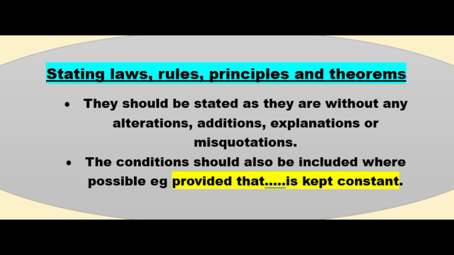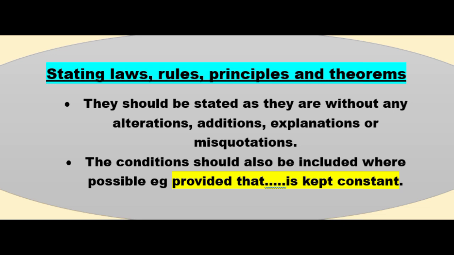So you realize that in that case, there is a condition there whereby we are saying elastic limit should not be exceeded. That means when you are stating such kind of a law, you must also state the condition attached, the condition under which that law applies, or that rule, or that principle, that theorem. Remember, each one has a meaning. There's a slight difference when it comes to laws, rules, principles, and theorems.